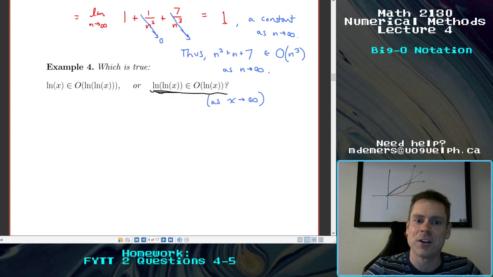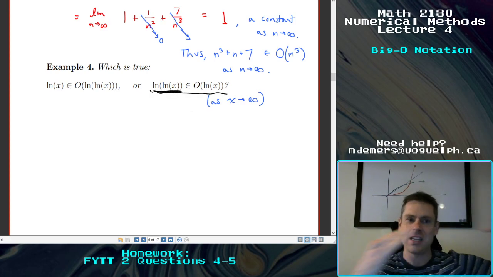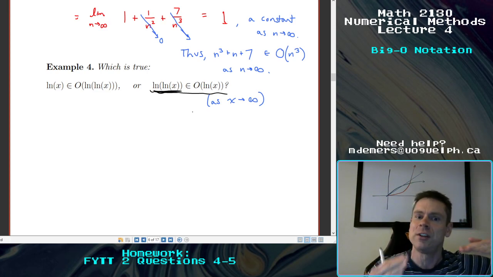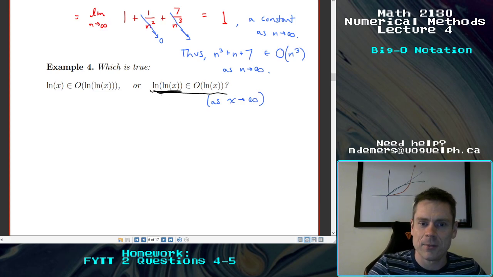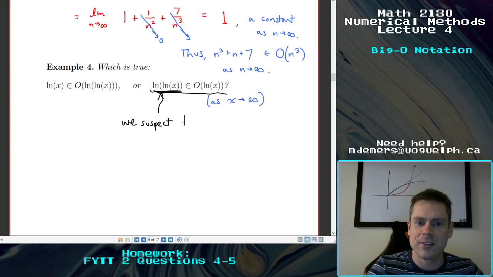That this function here, ln of ln of x, might stretch it out even more. It might grow even more slowly than regular ln of x, which means, therefore, it grows no more quickly than ln of x. So we suspect this one to be true. You could try the other one if you wanted to, and you should find that it doesn't work out.